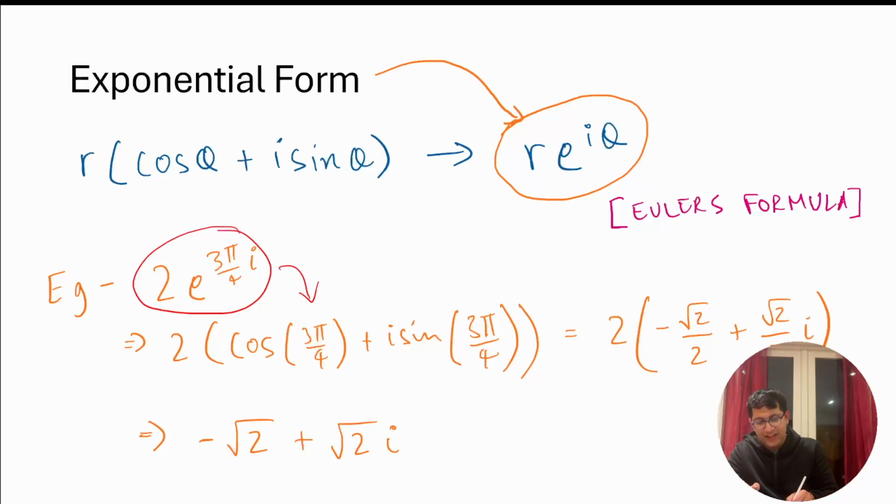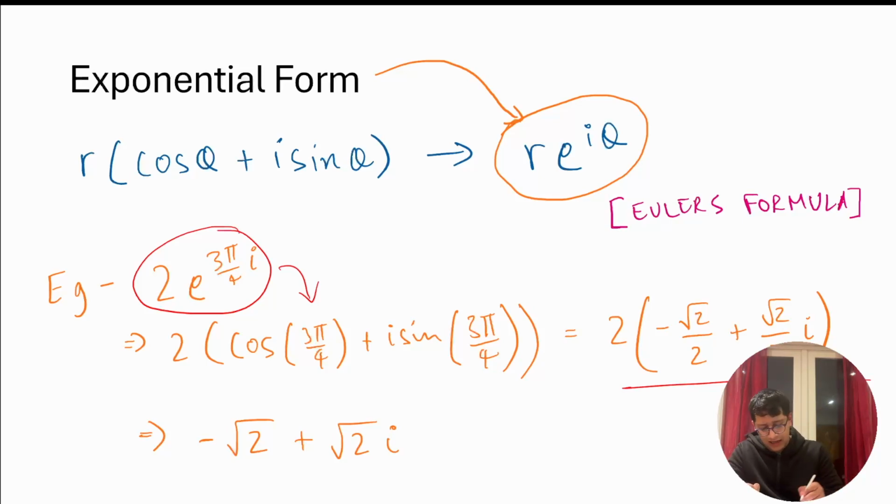Normally it's theta, normally it's 2 theta, but it's just cos 3 pi over 4. You just whack this in your calculator and it literally gives out a real number. So you expand this into the modulus argument form, whack it into your calculator, and get something that looks like the Cartesian form, which in this case is just minus root 2 plus root 2 i.